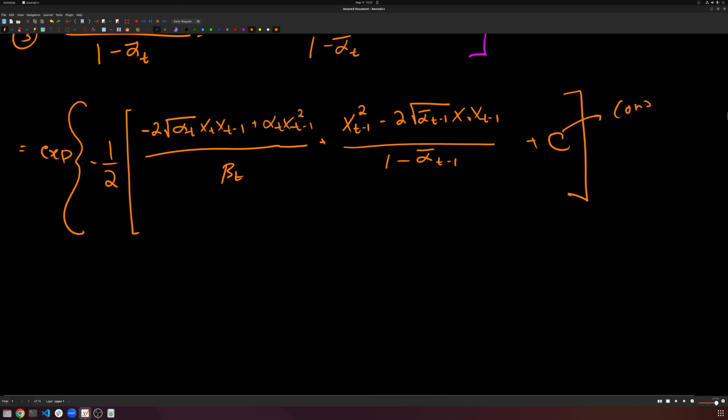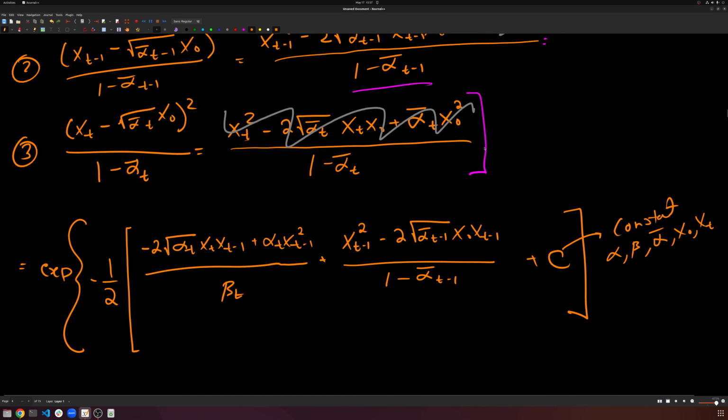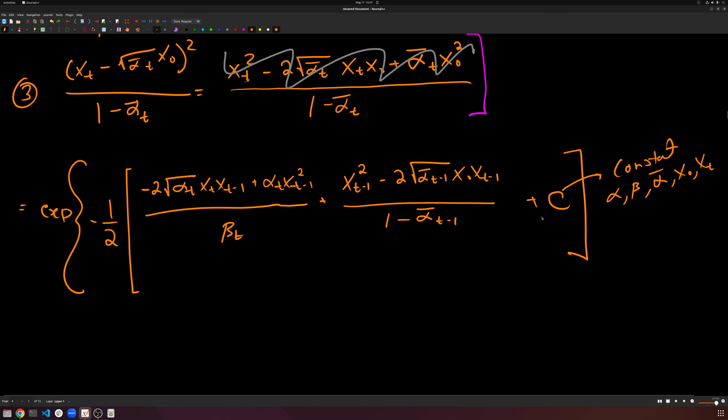And this c is some constant made of alphas, betas, alpha hats, x0, and xt. It's basically everything that we didn't care about, the non-xt minus 1 terms. That constant is just going to exist there, and we're going to ignore it because it doesn't affect anything.